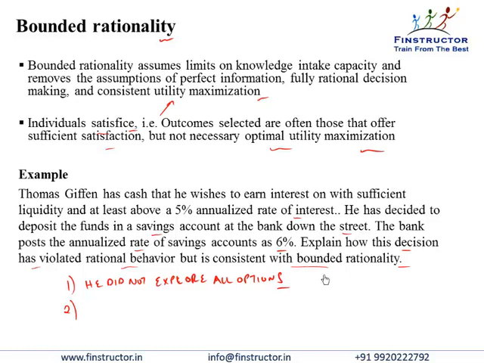For the second part, you can just write he accepts the first option where he is satisfied. Hence, it is consistent with bounded rationality that investors satisfice, but it is inconsistent with rational behavior.